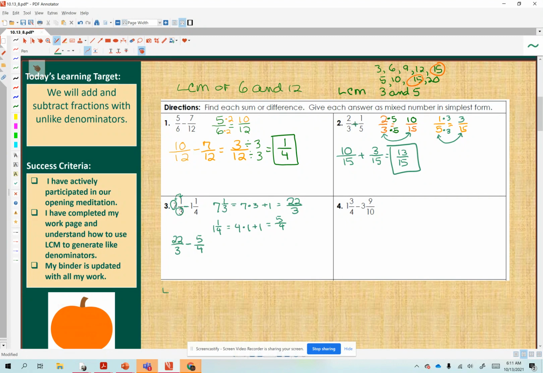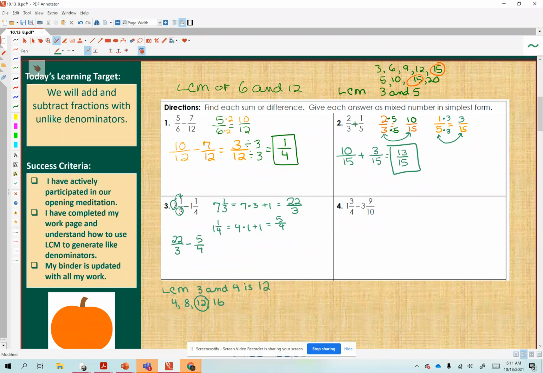We need to find the least common multiple of 3 and 4. So if we look at the multiples of 4, we have 4, 8, 12, 16. And I notice that 12 is also a multiple of 3. So the least common multiple of 3 and 4 is 12.